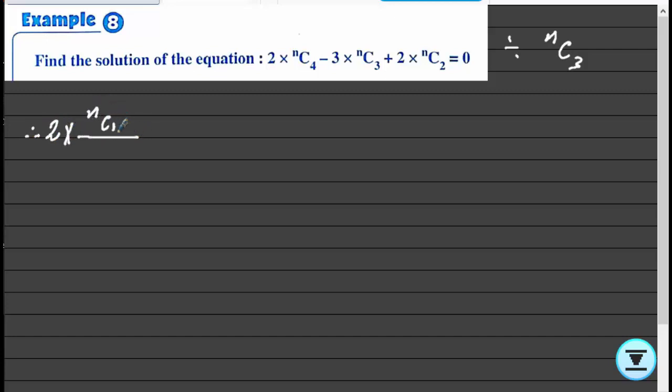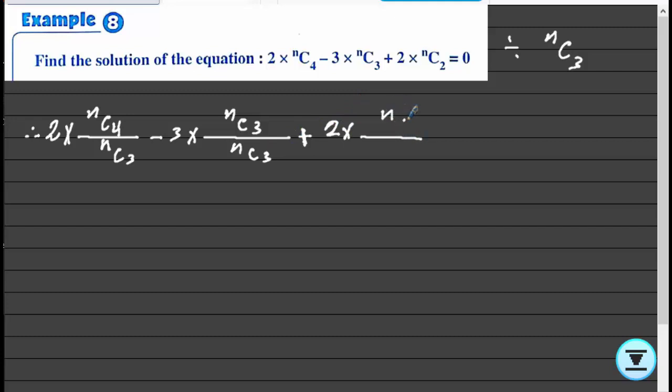So we have 2 multiply nC4 over nC3 minus 3 multiply nC3 over nC3 plus 2 multiply nC2 over nC3. It is equal 0.